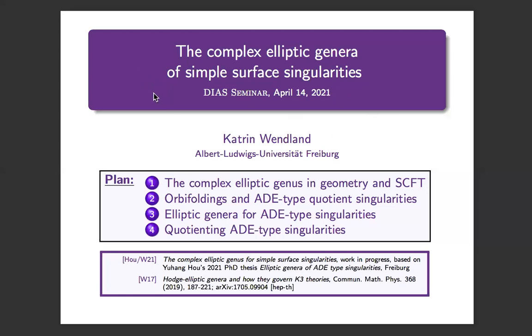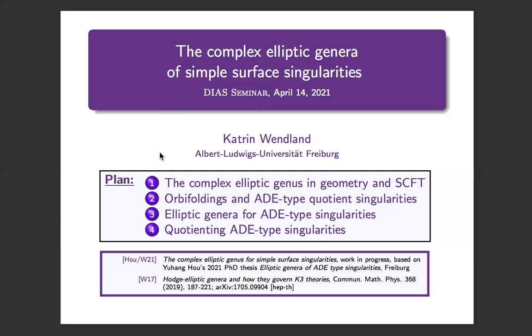And this is not such an easy problem because the complex elliptic genus is tailor-made to study compact manifolds, whereas these singularities are modeled on non-compact spaces. So one has to work hard in order to come up with a useful definition of how to even define complex elliptic genera in this setting.